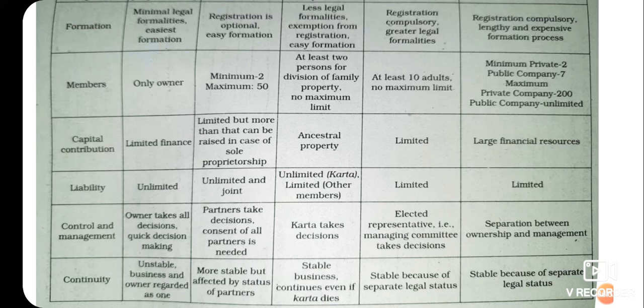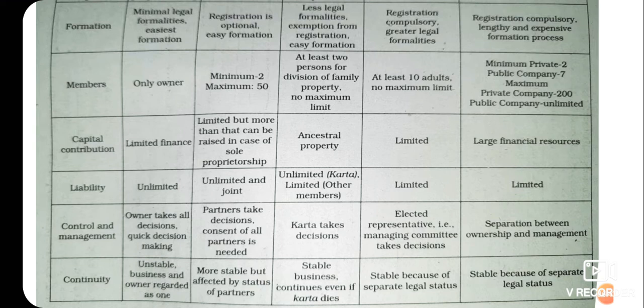Joint Hindu family business, stable business, continuity even after the karta dies. Children, remember that when the karta is no more, the eldest member in the family becomes the head of the family and the karta. So whoever is no more, the next eldest member takes his place, and business can continue even if the karta is not there.